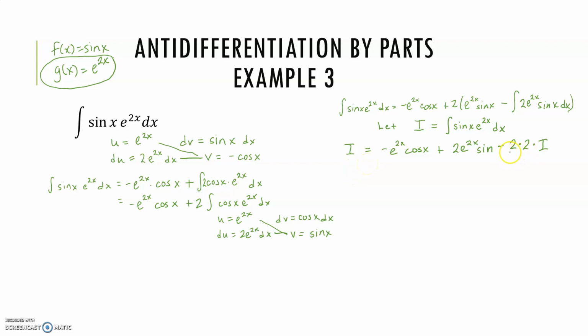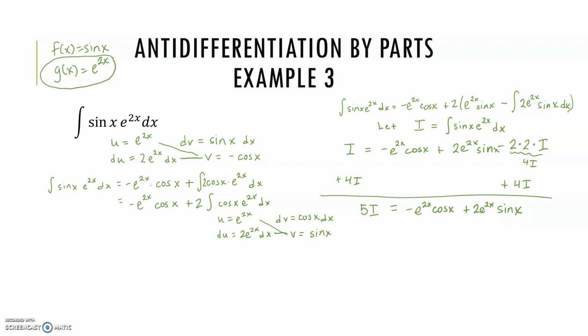I have 4I here. I'm going to add 4I to both sides. So I get 5I is equal to negative e to the 2x cosine x plus 2e to the 2x, oh, I forgot my x, sine of x.